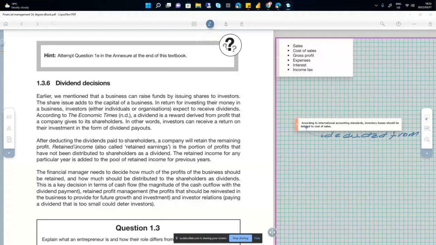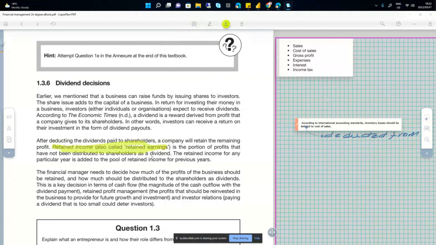I think I can use a good tool this side to show you that this is retained. I think a good highlight will be better. The retained earnings.